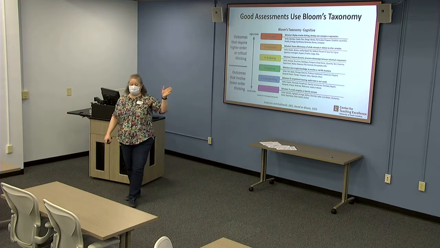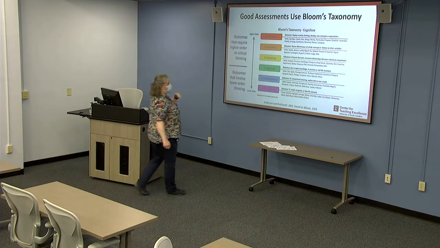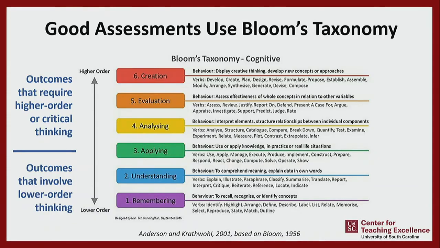So LOTS and HOTS. And the beauty of Bloom's is it gives you the verb to use in the sentence, in the question that you're asking. So it helps you get at that level of thinking that you want your students to do just by knowing which verb to use in that question, in that assessment.